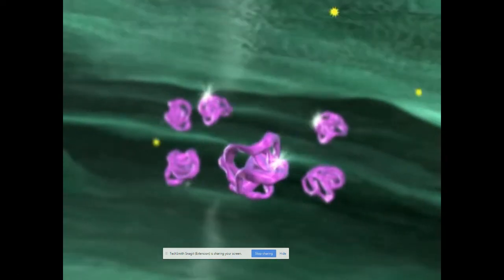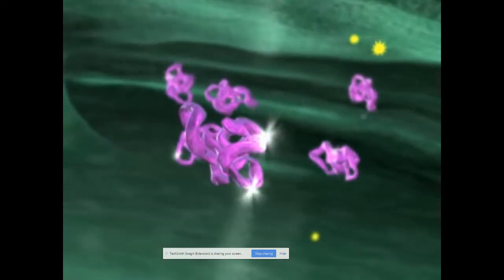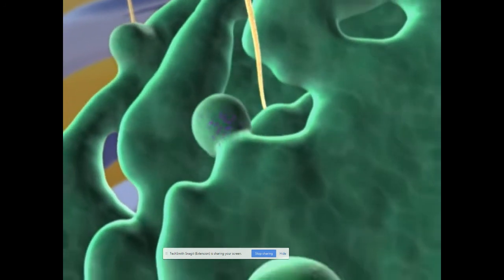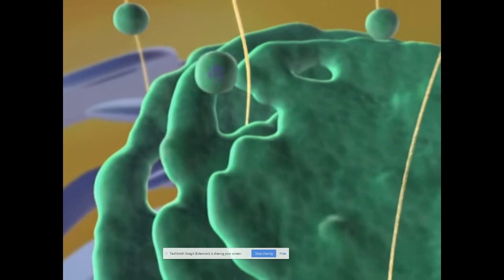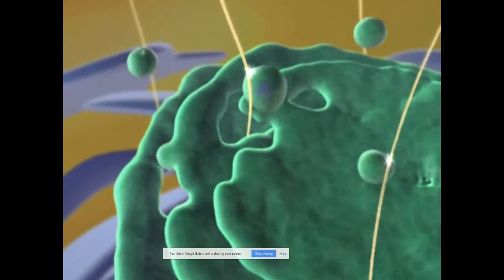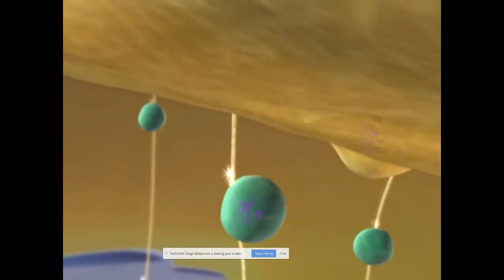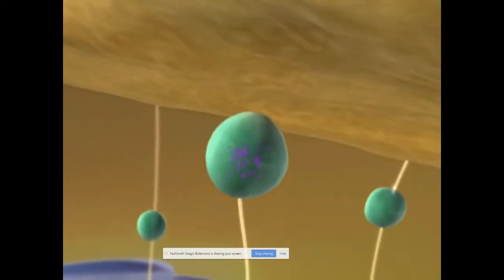In the Golgi, proteins undergo further processing. Finished proteins are then packaged in vesicles that pinch off from the Golgi and are transported along cytoskeleton tracks. Some vesicles bind with the plasma membrane, secreting their contents outside the cell.